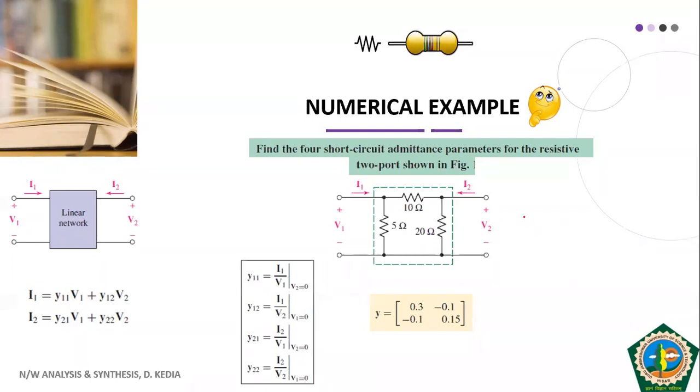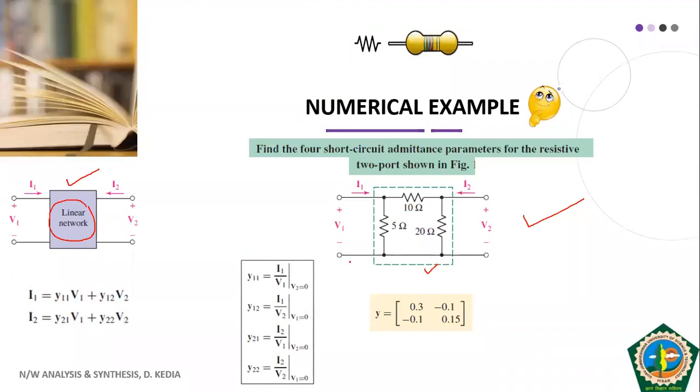Now you see this is our two-port network, which is schematically represented by the figure on the left hand side. The linear network is shown in this green dotted box.